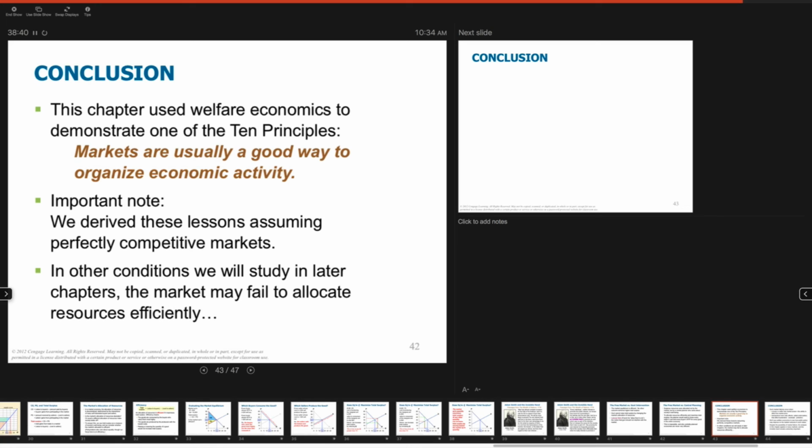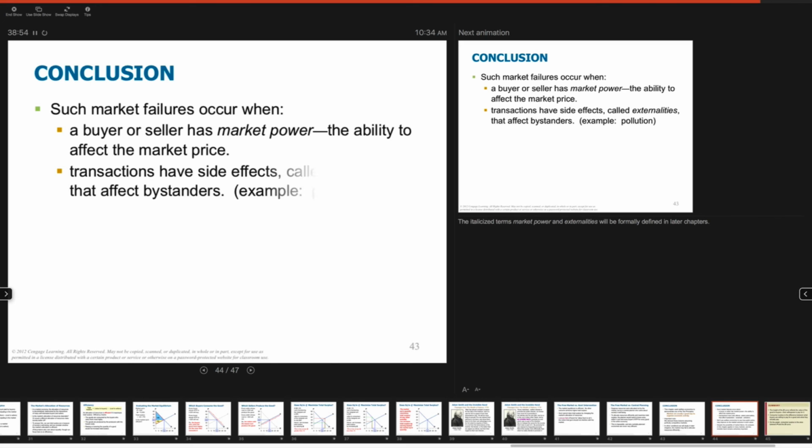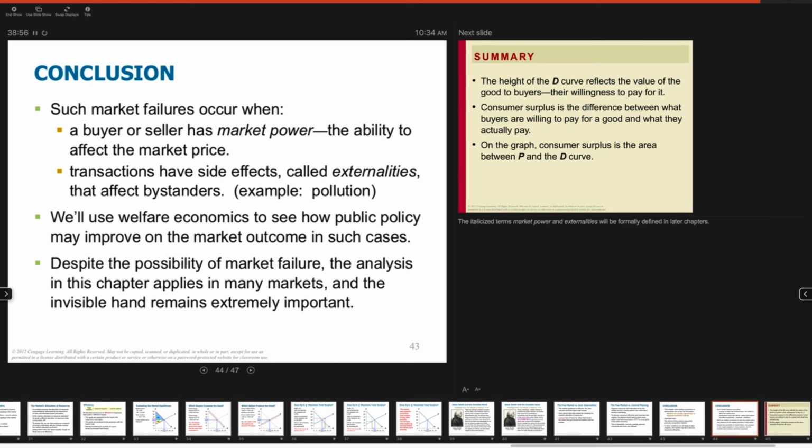So in our next chapter, we'll look at failure to allocate efficiently and its impact upon total surplus. Tomorrow, you must do your end of chapter problems. We'll go over them, quizzes Thursday.